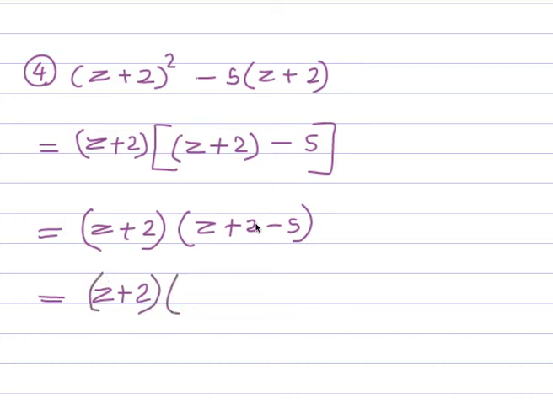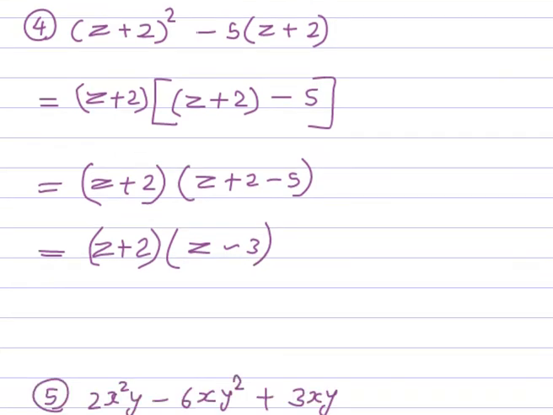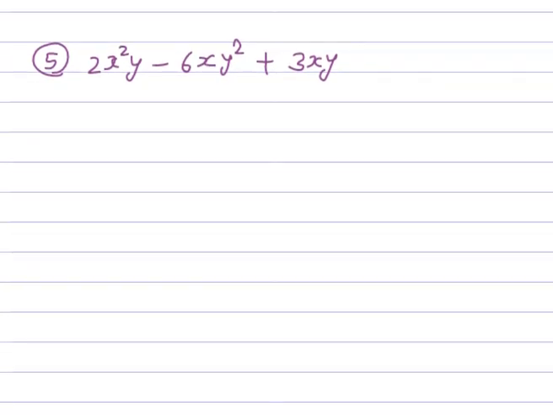We can combine like terms. Here both are constants. Plus 2 minus 5, different signs, subtract. So 5 subtract 2 is 3, and take the larger number's sign, negative. This is the answer. These are very simple questions.